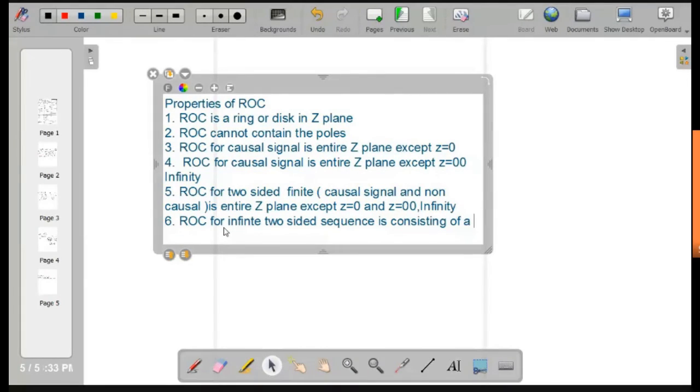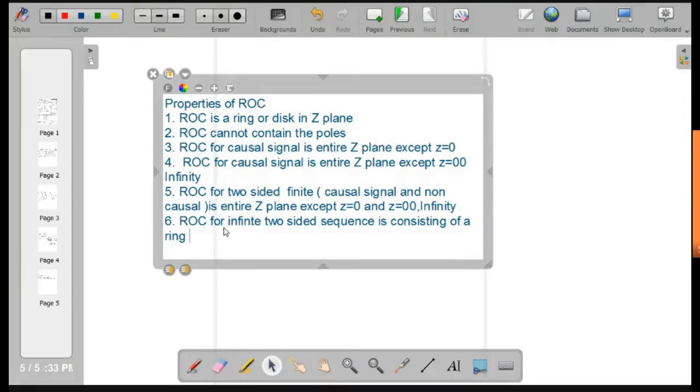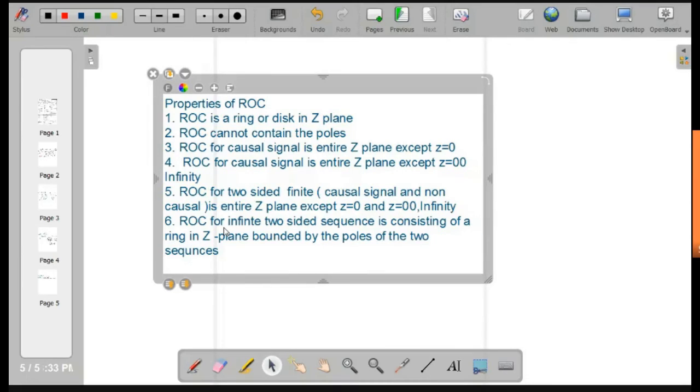Of a ring in Z plane, of Z plane bounded by the poles of the two sequences, bounded by the poles of the two sequences.